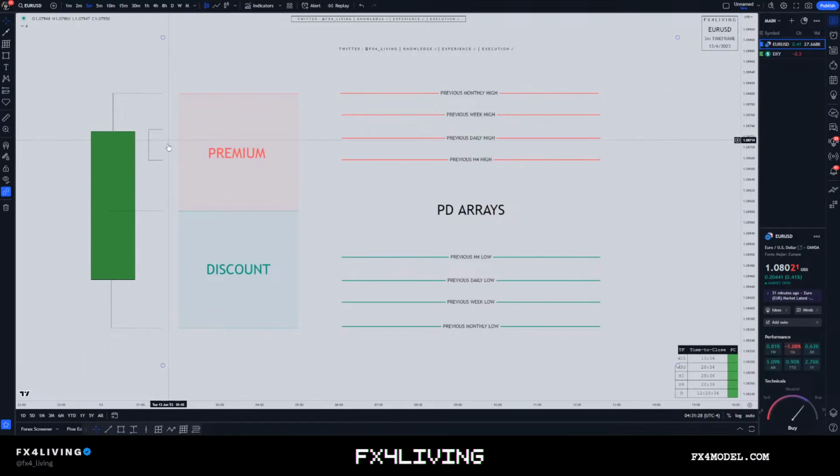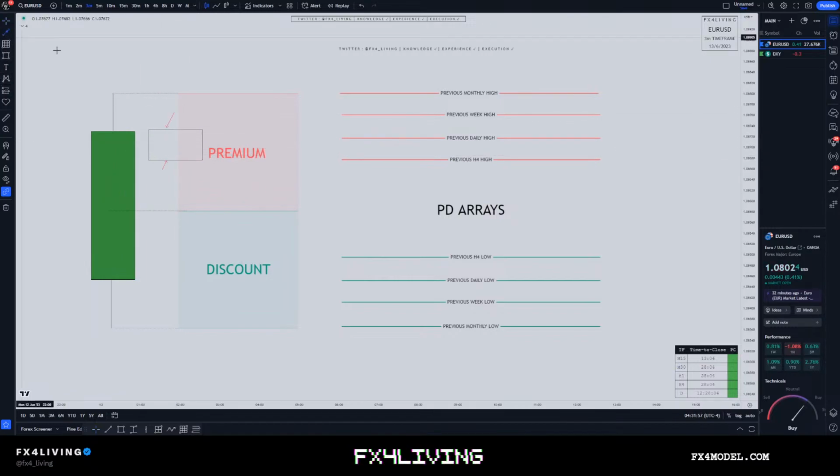So if price is accumulating in this range, what you want to see is a manipulation above the premium price. That means you want a reaction above the Asian range, and you want to see the price going back inside the Asian range, inside the premium zone. That means everything is matching here to take a short.